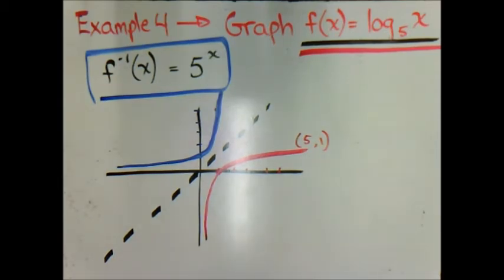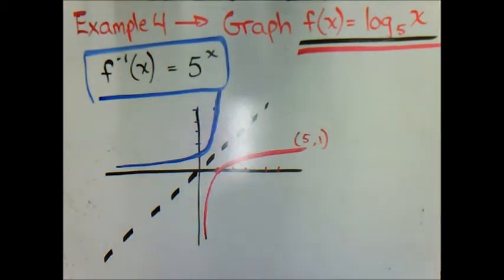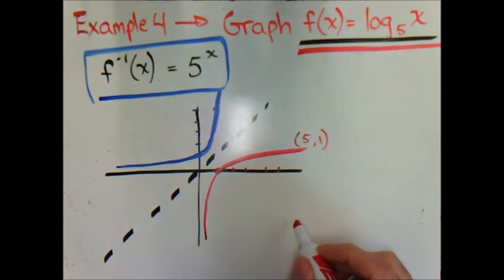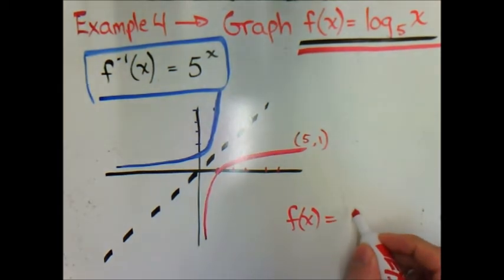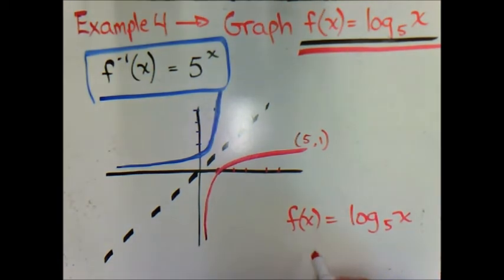Method number 2, I can do on this page as well. Basically, we take the change of base formula, which we just finished doing examples on. We have f of x equal to the log of x to the base of 5.